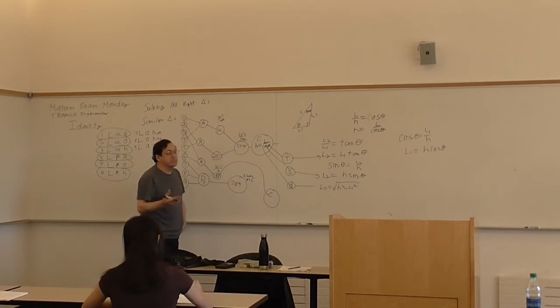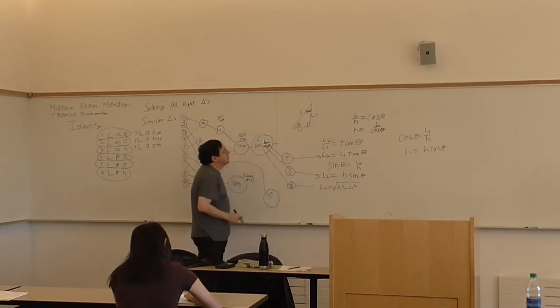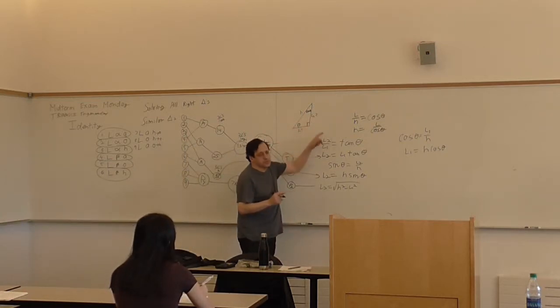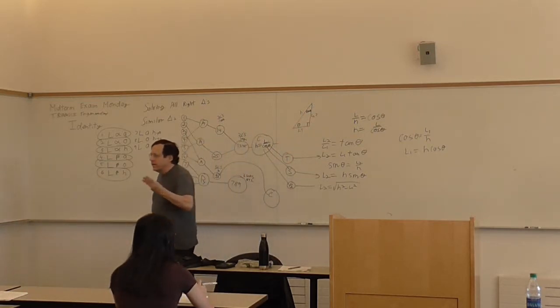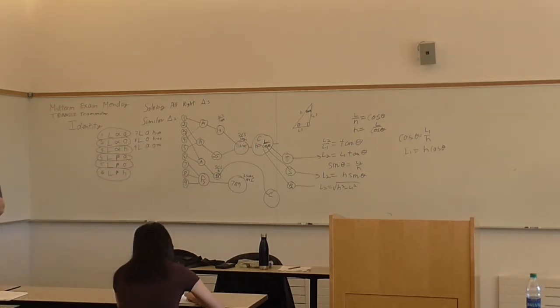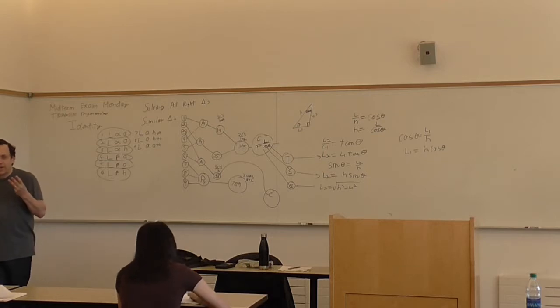So now we have L1 and H. We don't have L2. Now we're repeating ourselves. How am I going to find L2? There's a few different ways we could do it. I just need to know one.